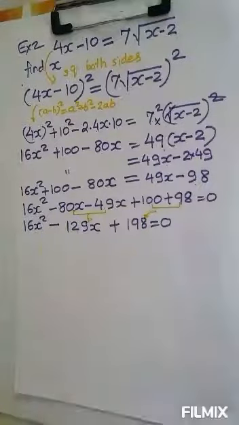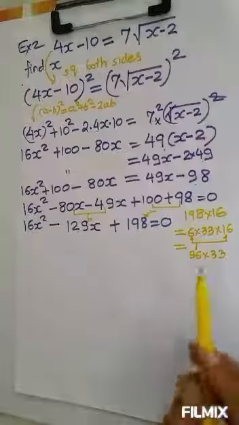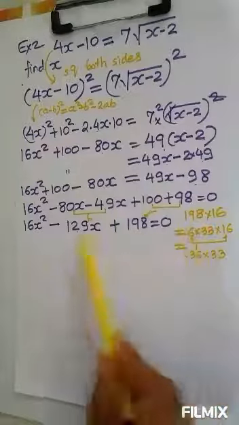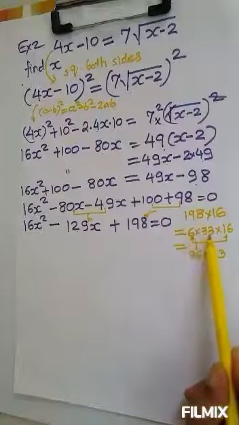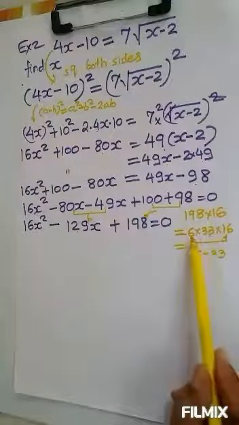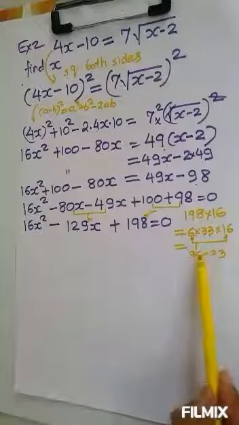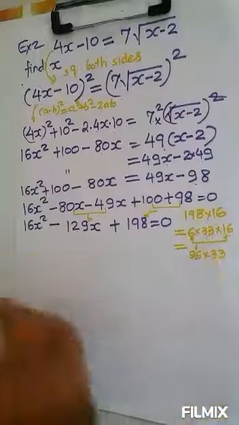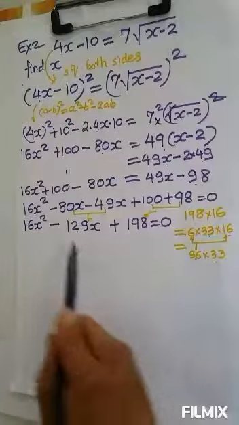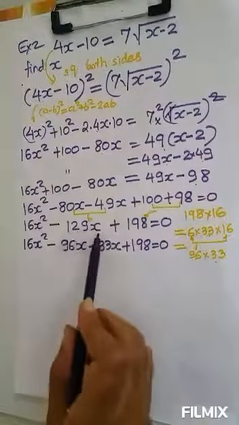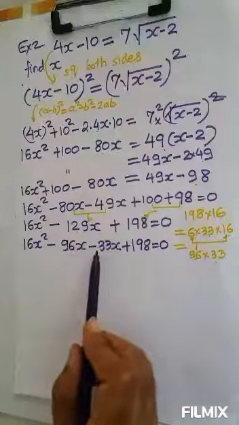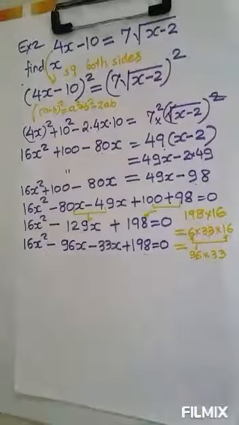Now we will solve this quadratic in x. If we try by factorization, 198 into 16, we can write 198 as 6 into 33, into 16. If you multiply 6 and 16, you will get 96, and 96 plus 33 gives 129. You can split minus 129x as minus 96x minus 33x.